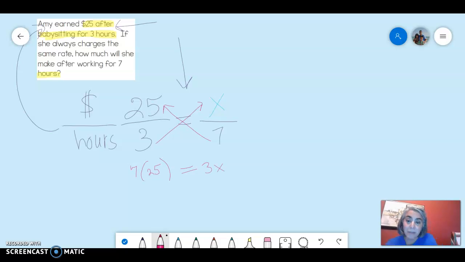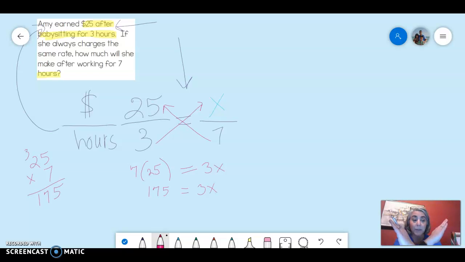I do have a multiplication problem that I need to do, and because I'm not sure if I have that memorized, I'm going to work it over here to the side like we do in class. 7 times 5 is 35. I'm going to carry my 3. 7 times 2 is 14, and then I'm going to add 3: 14, 15, 16, 17. So it looks like it's going to be 175. So 175 equals 3x. Okay, so in my class, I made a big deal.